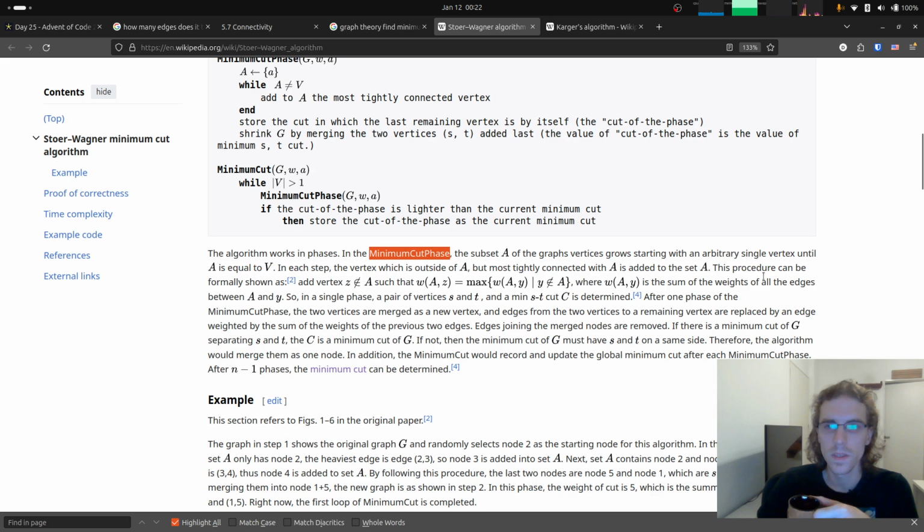Okay, this procedure can be formally shown as: add the vertex not in A such that the weight between A and that vertex is maximal, where A is a subset of the graph.